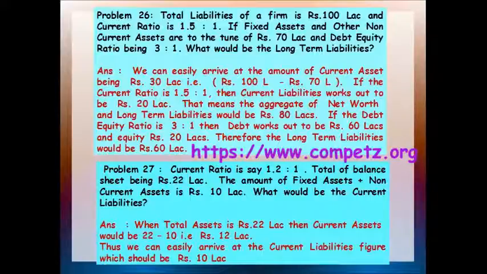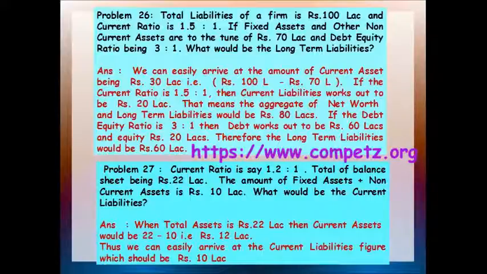Next problem, the current ratio, let's say here is 1.2:1. The total of balance sheet being rupees 22 lakhs. The amount of fixed assets plus non-current assets is INR 10 lakhs. What would be the current liabilities?